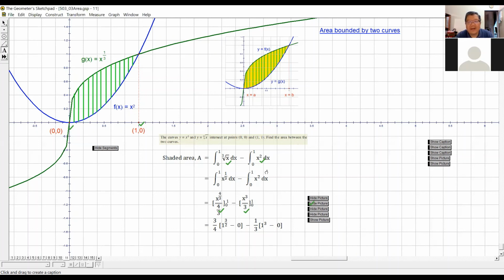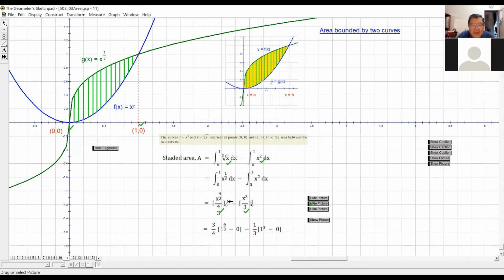Okay, come back here. Where did I paste it? Oh, here. So it's 4/3, not 1/3. Delete this one. Okay, I put it back here.